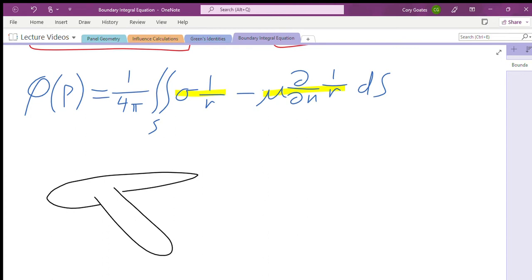That's a really terrible drawing, but that's okay. So the surface that we're dealing with is the surface of this configuration here. What we can do is we can break up the surface into chunks, and we call those chunks panels, which is where we get the name panel methods from.